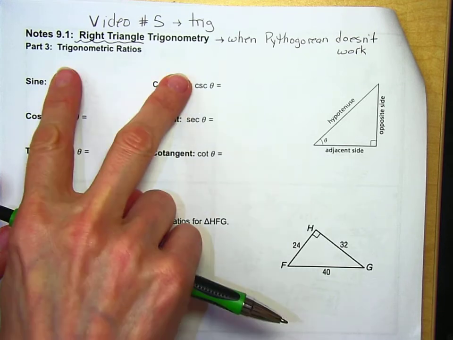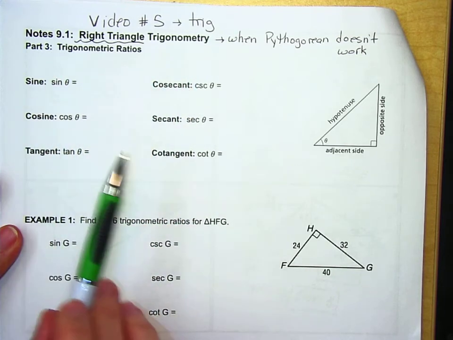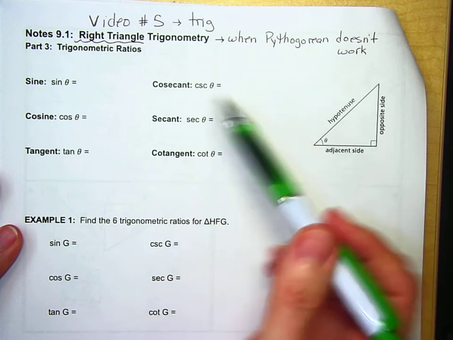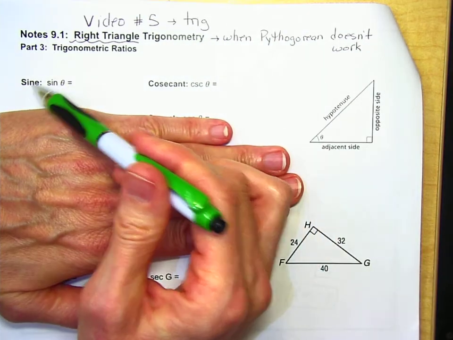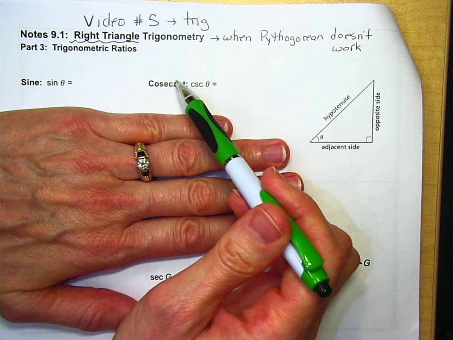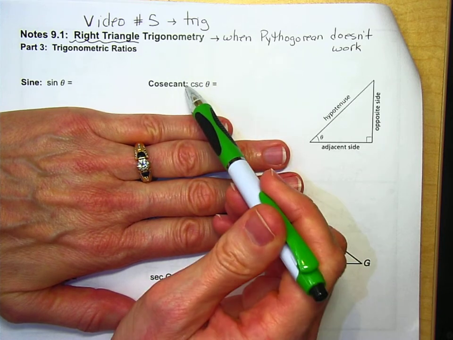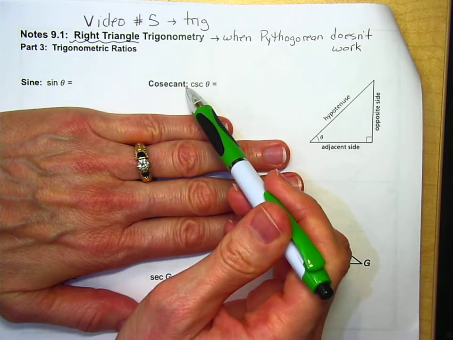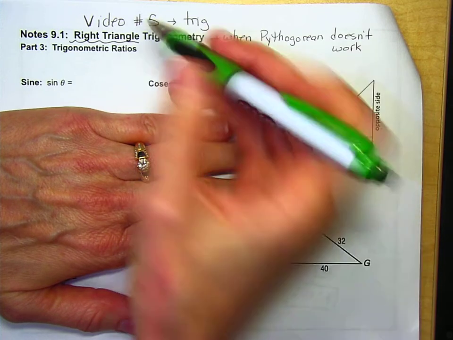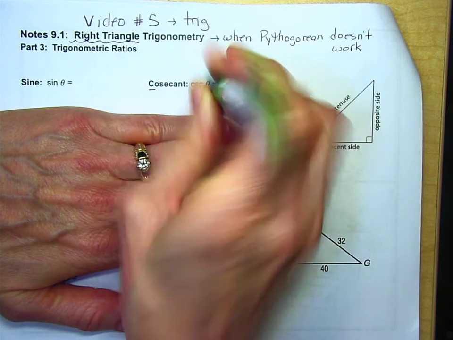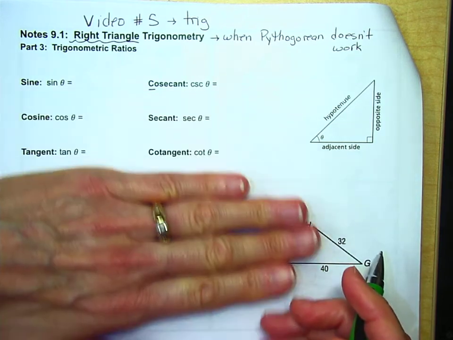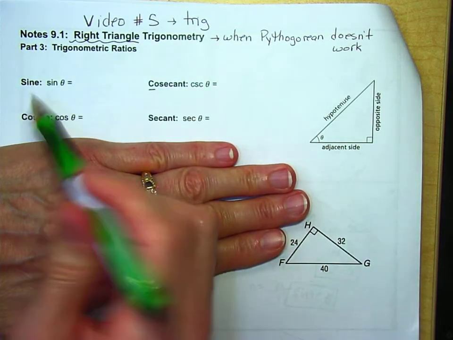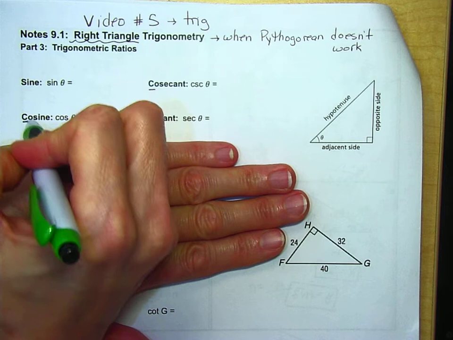The way you can remember who goes with who, and you do need to remember it, is if you look at a pairing. If I look at sine and cosine, if I look at sine and cosecant, I say the word co over here. So in these pairings, there can only be one co. If I look at this pairing, the co is over here, because this is cosine.